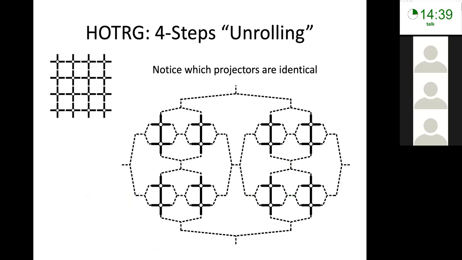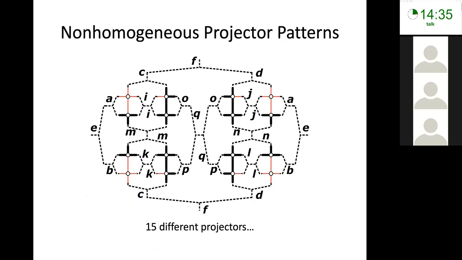So for that, let me define firstly something which we call non-homogeneous projector patterns, and we will define those patterns on the extension pattern of the tensor type 1. Right, so you can see now not all tensors are of the same type.